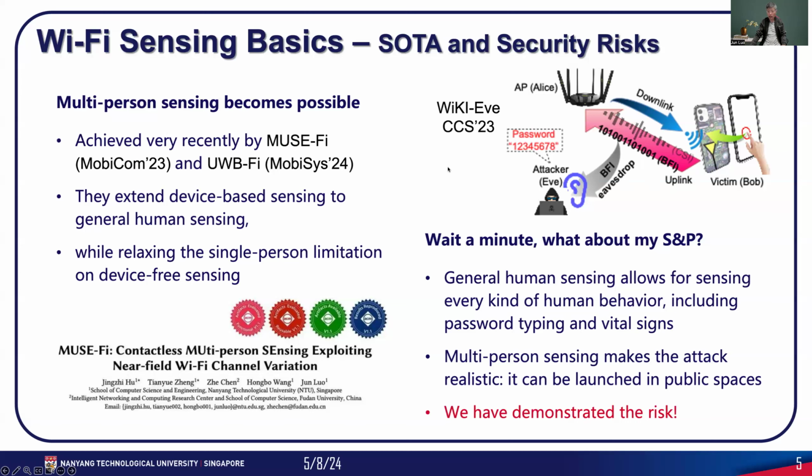So we do have a good side, which is that we can now sense multiple persons in realistic scenarios, but that also imposes security and privacy risks, because you don't feel safe anymore typing a password in public.